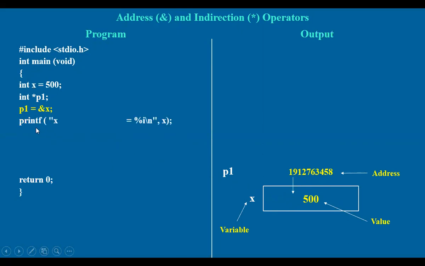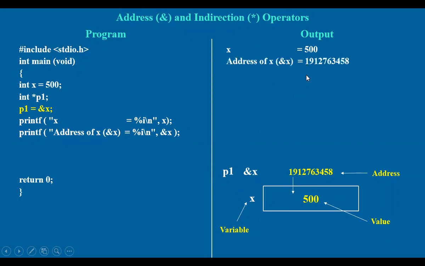Now let's print this p1, the value of x, right? The value of x is 500, and the address of x, we say ampersand x, that gives the address of x. This is the value, and let us print this p1 also. P1 value is nothing but the address here. Let us see what it is.